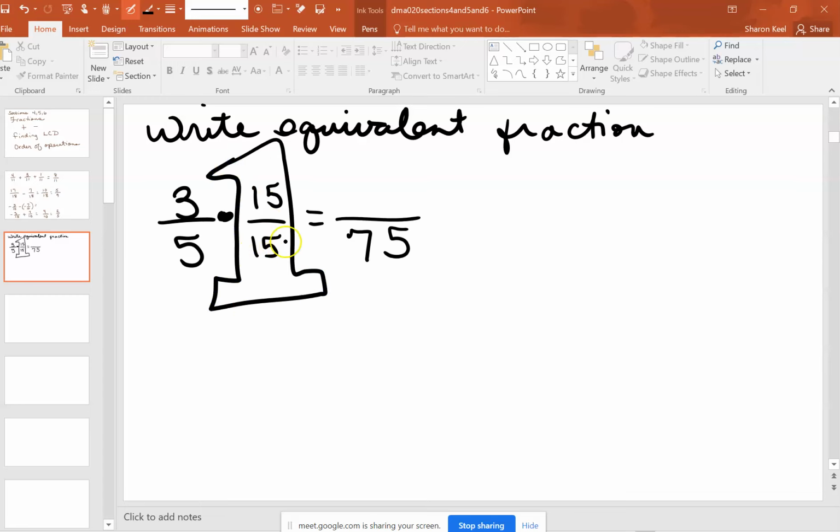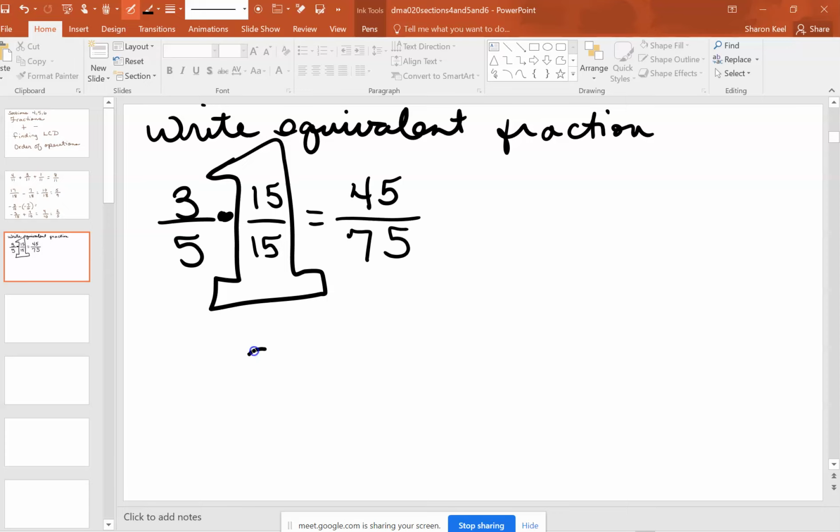So if my denominator is 15, then 15 fifteenths is the one whole. 3 times 15 would give us 45. So our equivalent fraction for 3/5 is going to be 45/75. All we did was calculate what we need to multiply by to get the 75.